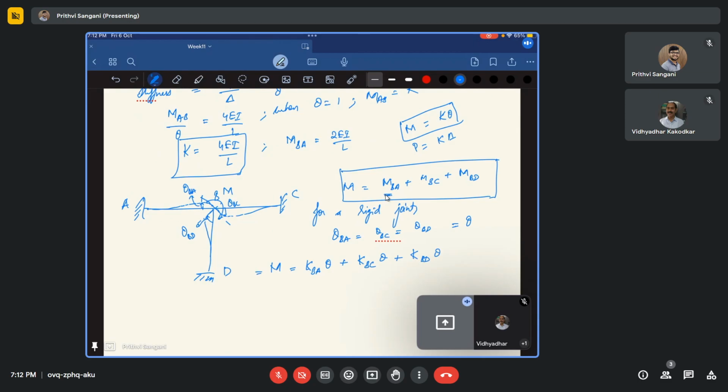Then M is my total stiffness, I'll write KT, times theta. Once I have found this KT, I'll just cancel theta. KT is nothing but KBA plus KBC plus KBD.